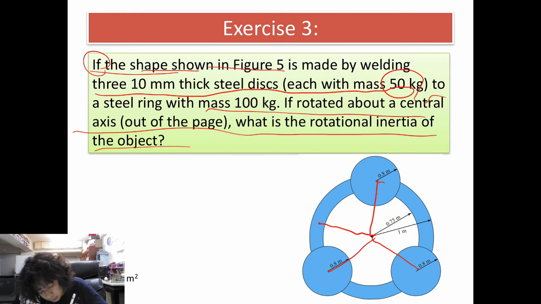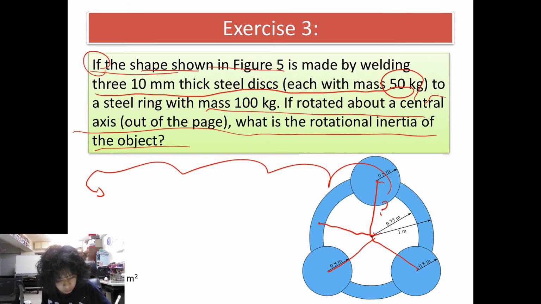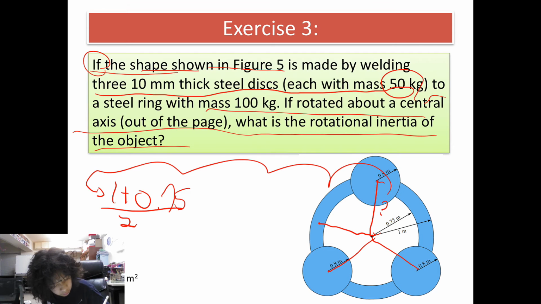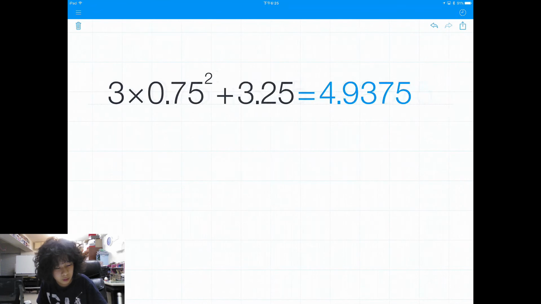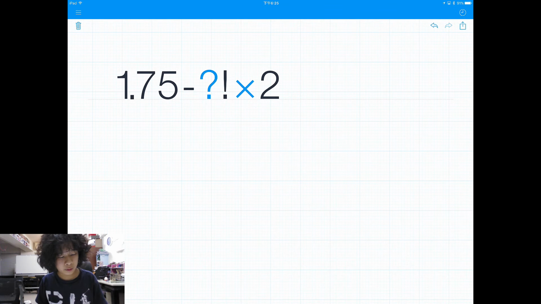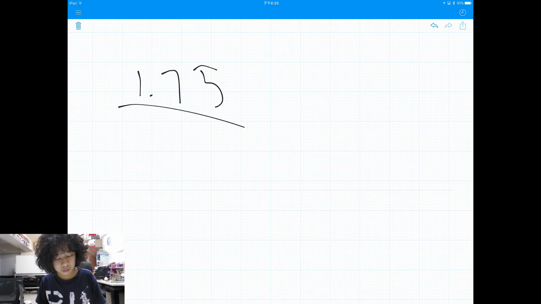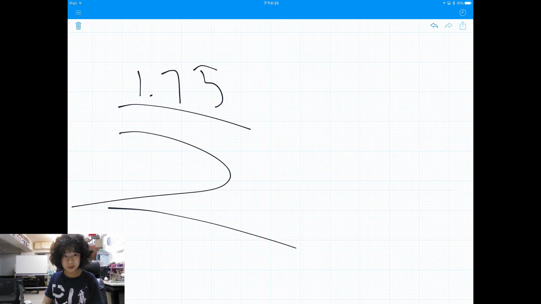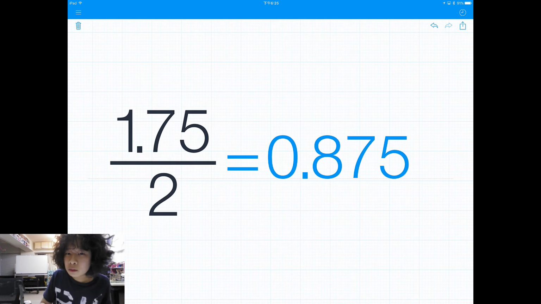So you can just calculate. But first, how much is this distance? This distance equals 1 plus 0.75 divided by 2, which is 1.75 divided by 2, which is 0.875.